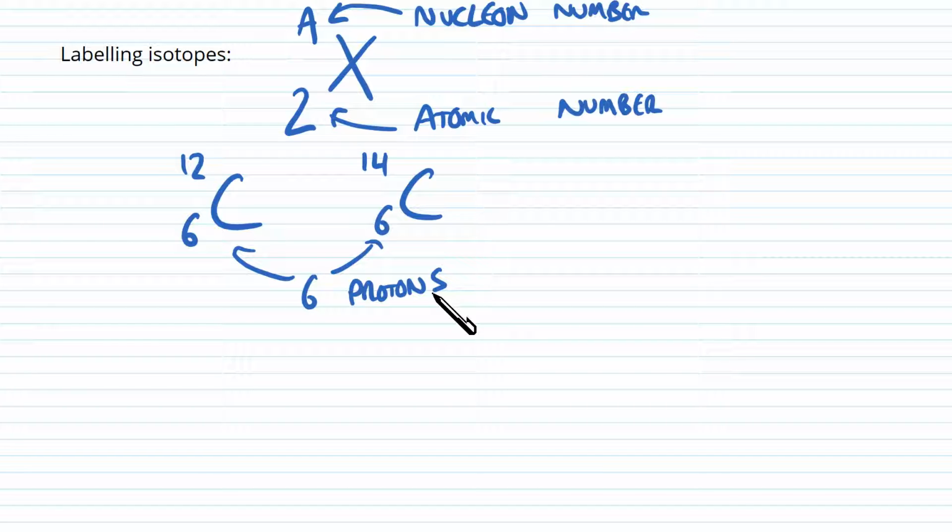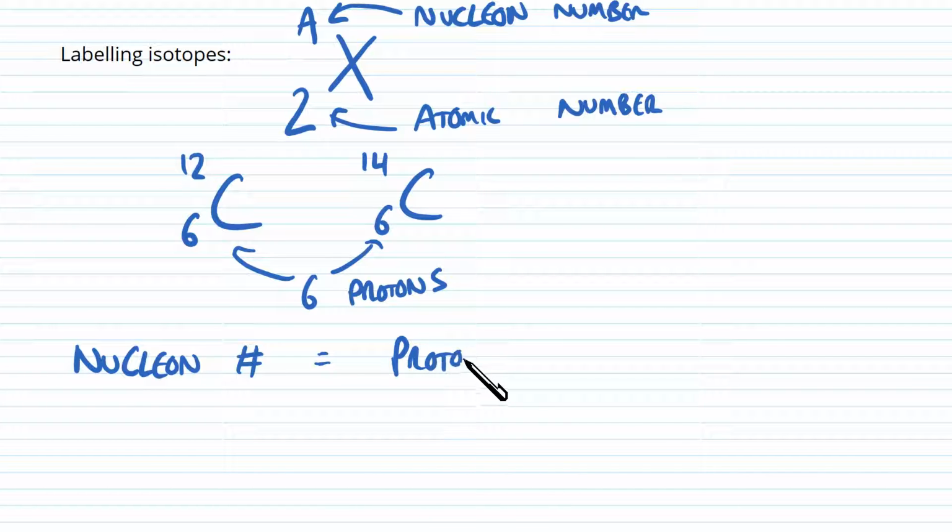Let's say we wanted to find out how many neutrons an atom has in its nucleus. Well, you know that nucleons are just protons and neutrons, so the nucleon number is just the proton number plus the neutron number.